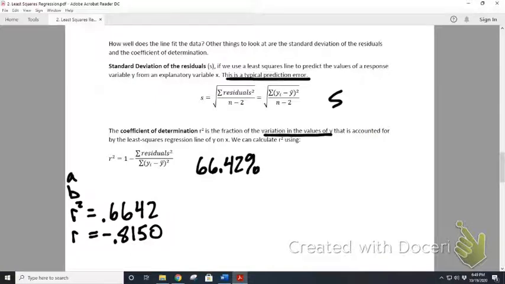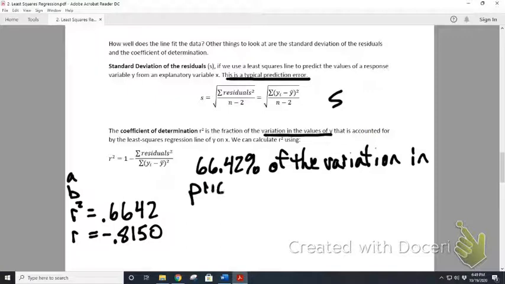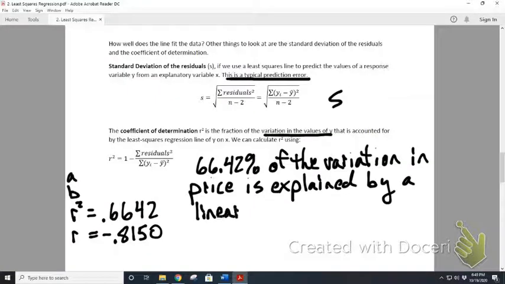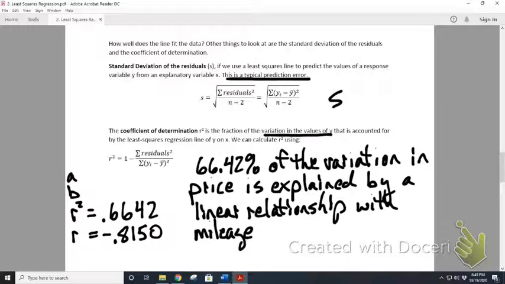I mean, closer to 100% is good, but all we're going to say is, in this case, 66.42% of the variation in price is explained by a linear relationship with mileage. I guess I'll throw in of Ford F-150s.